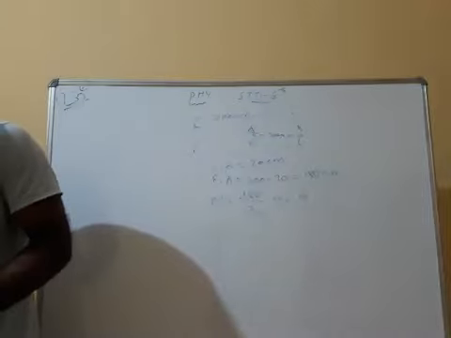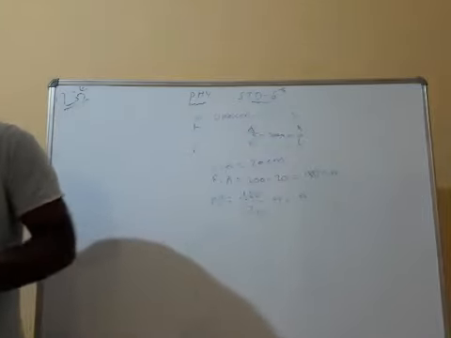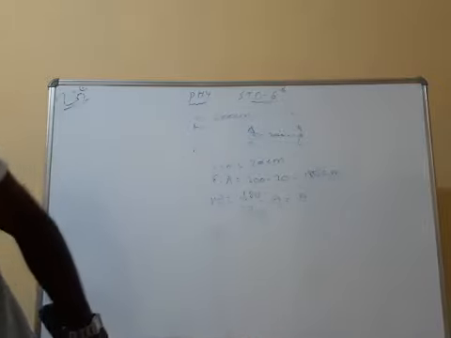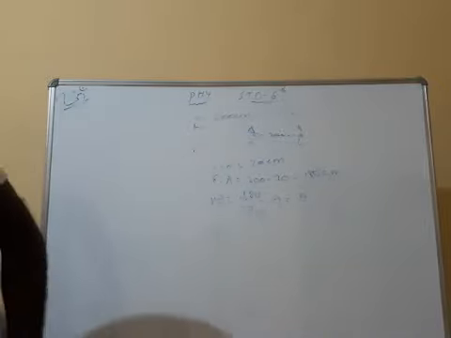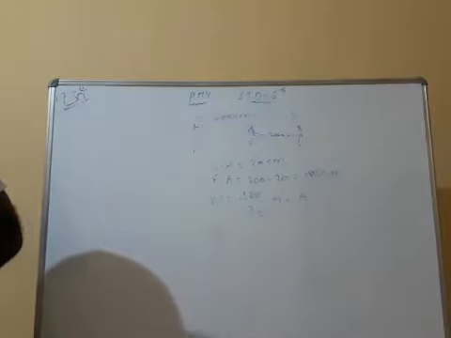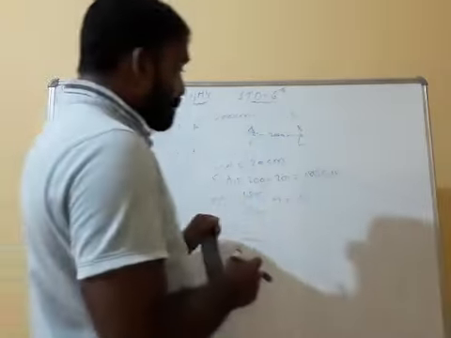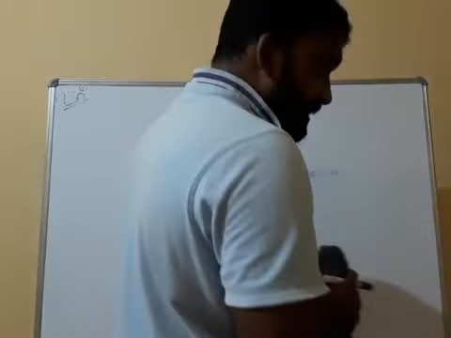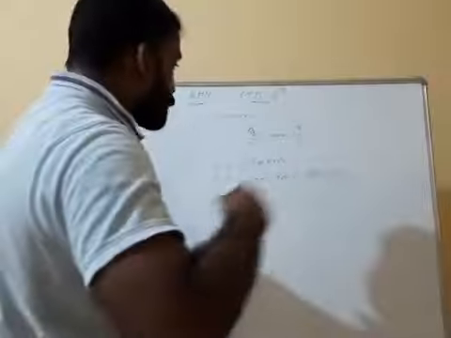If a cook uses tongs of length 25 centimeter to lift a piece of burning coal of weight 2 Newton. One relation I have not told you, that is called the principle of lever. What is the principle of lever?